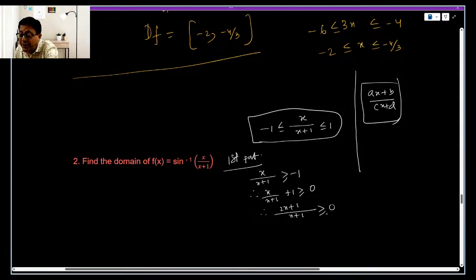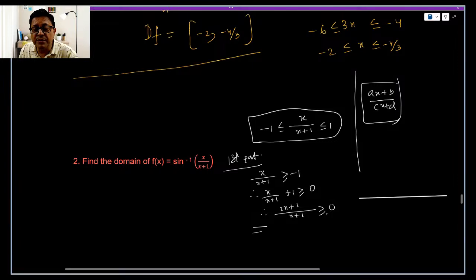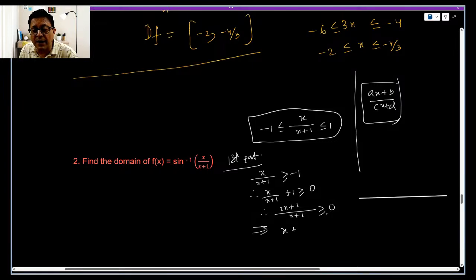Alright. How to get the values of x from there? You can directly take the help of the number line. I remind you, linear inequation of class 11 also. For the upper one, you simplify more. It is x plus 1 by 2 by x plus 1 greater than or equal to 0. Clear?